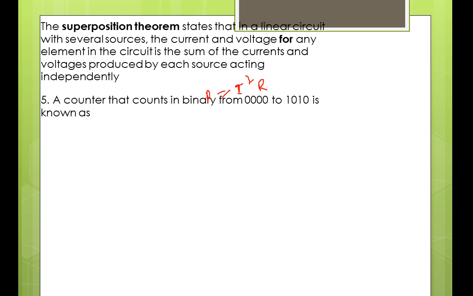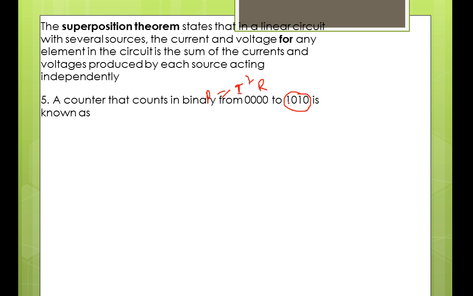So the next question: a counter that counts binary from 0000 to 1010 is known as. Here 1010 is nothing but 10 in decimal. If you want to convert a binary number into a decimal number, you have to multiply each digit with its positional weightage.